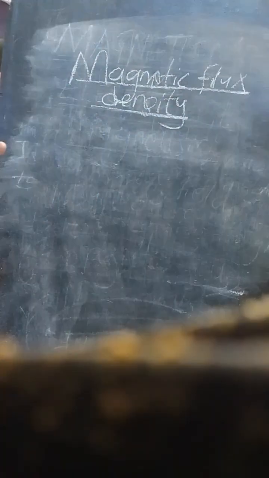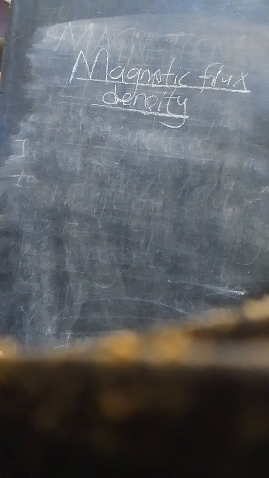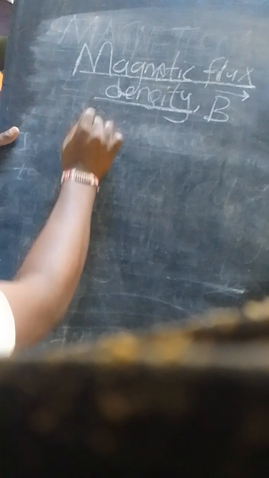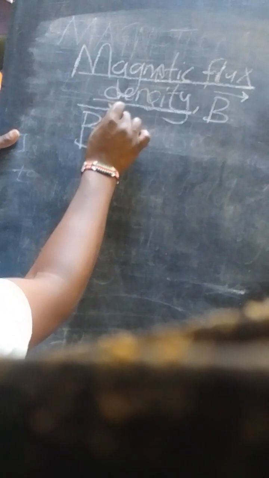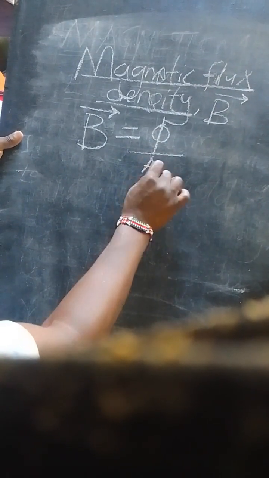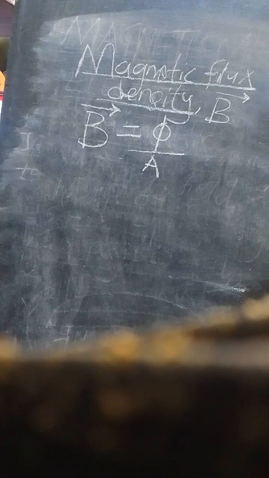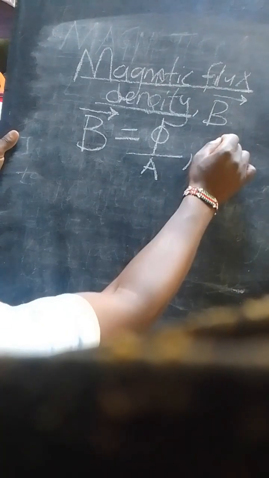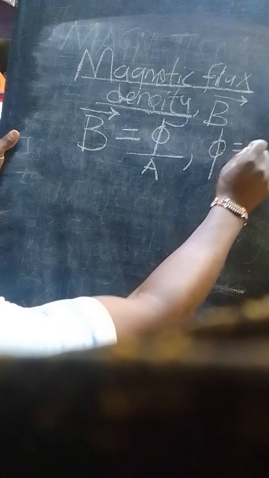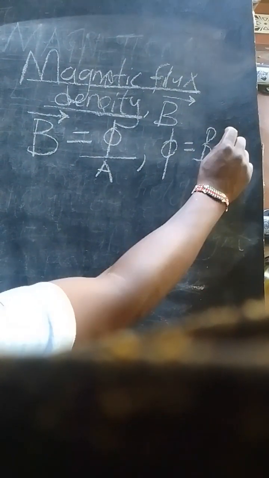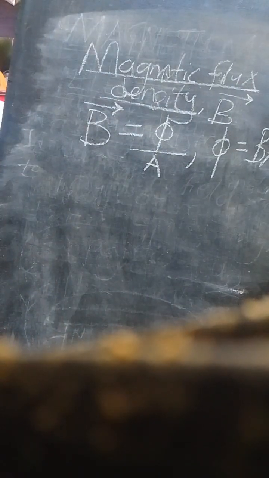We use phi to denote magnetic flux, and we are going to use B to denote magnetic flux density. Mathematically, magnetic flux density is equal to magnetic flux per unit area. That is the definition of magnetic flux density. From here, we can say magnetic flux is equal to the magnetic flux density times the area. That is what we can see.